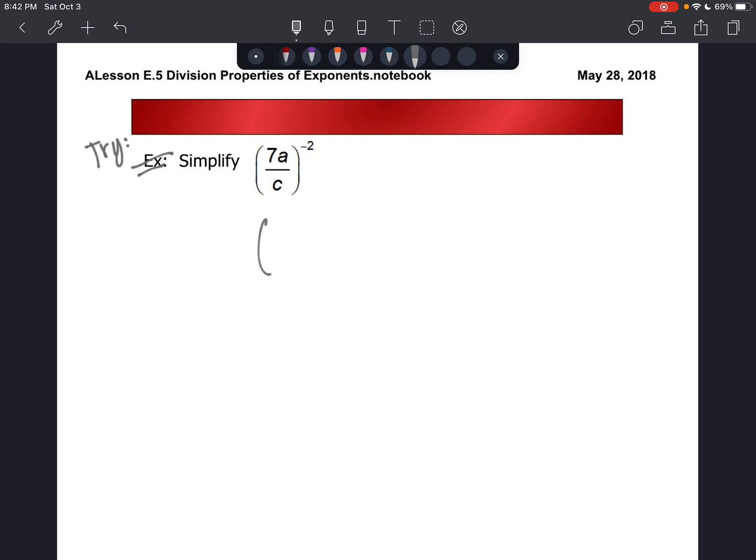Okay, if you gave that a try, hopefully you wrote down c over 7a raised to the 2nd power, and you got c squared over 49a squared for your final answer.